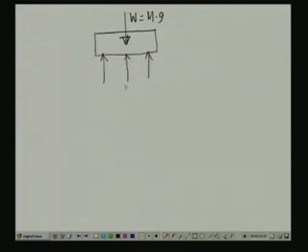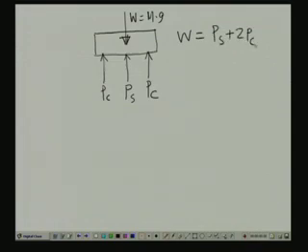So, let us call the load carried by the steel rod Ps and that by copper Pc. So, the summation of vertical forces equal to 0 will give us W equals Ps plus twice Pc. So, this is the equilibrium equation.